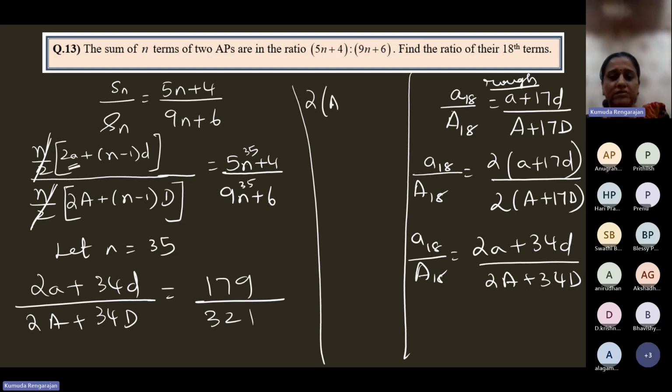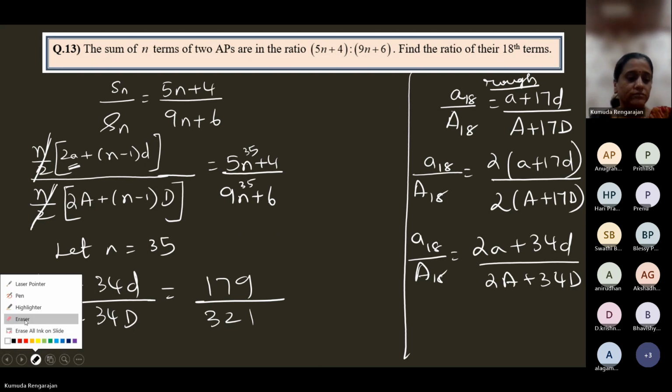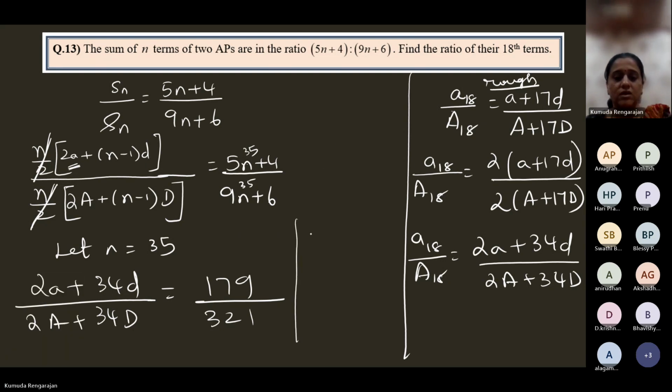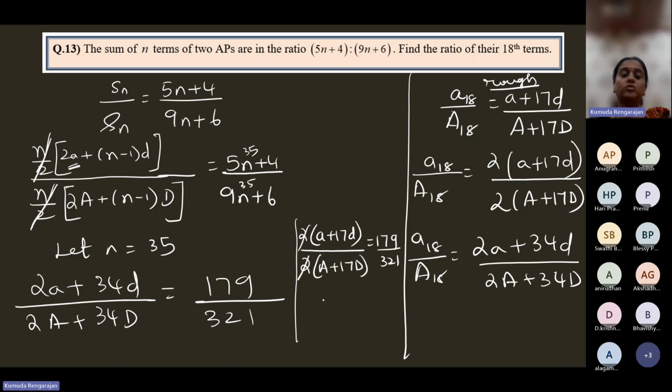So you have a plus 17d by 2 common in the denominator, a plus 17d is equal to 179 by 321. So 2 in the numerator and denominator gets cancelled, and we have a plus 17d by a plus 17d is equal to 179 by 321.